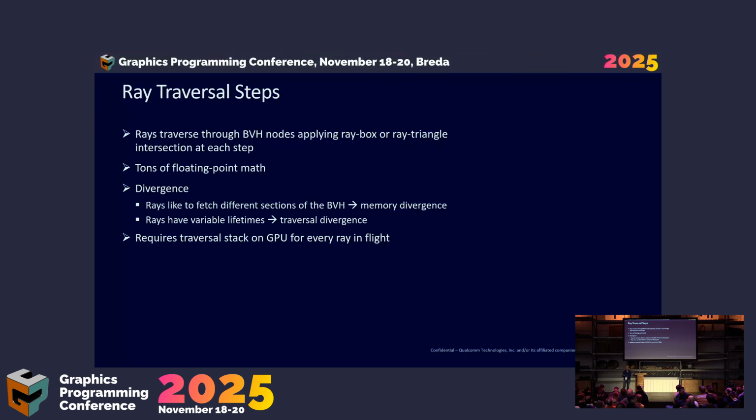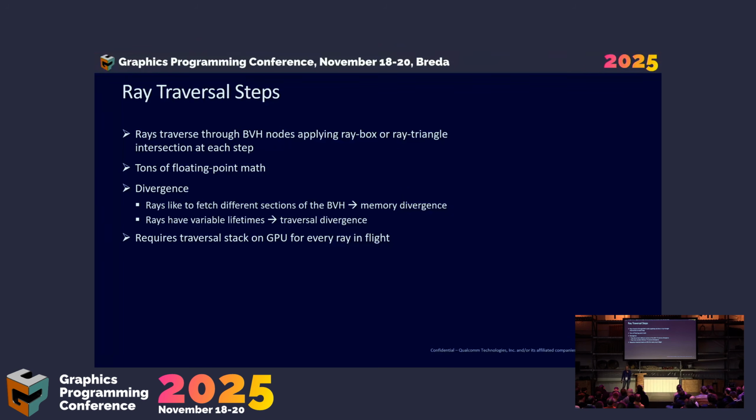Some rays hit or miss something very quickly, and other rays keep traversing until they find something they hit or eventually miss. This lifetime or traversal divergence also can hurt your performance. And because we're traversing through a tree, we require a stack for every ray that is in flight, and we keep that stack on our GPU.